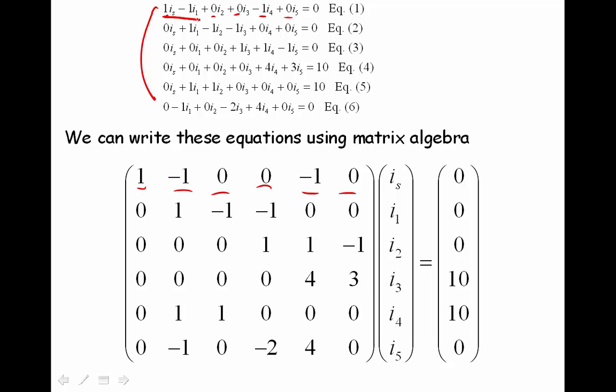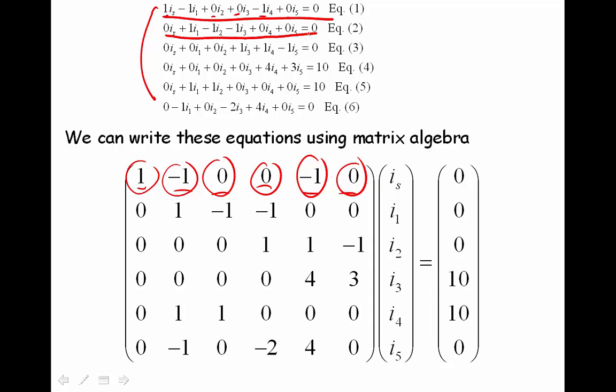So that is equation 1, just the coefficients in front of the variables in that main matrix. Then this set of coefficients goes down here, 0, 1, negative 1. See how this is working? Then negative 1, 0, 0. And so on.